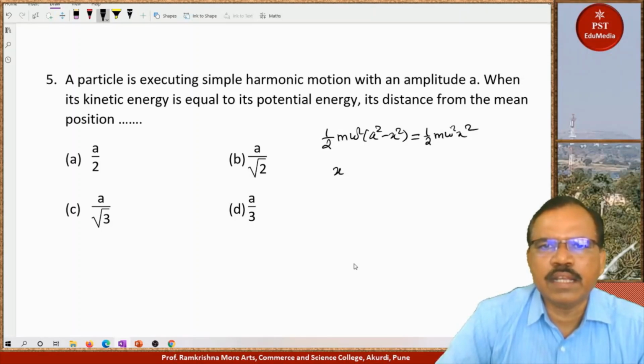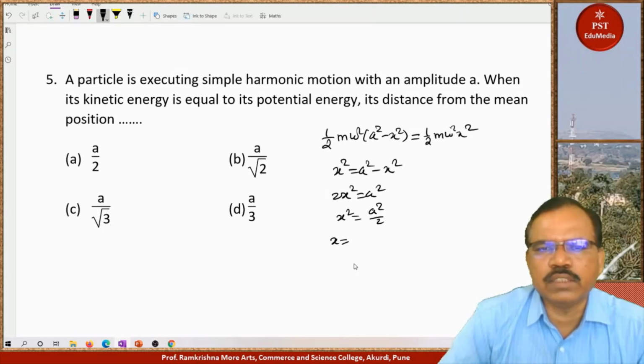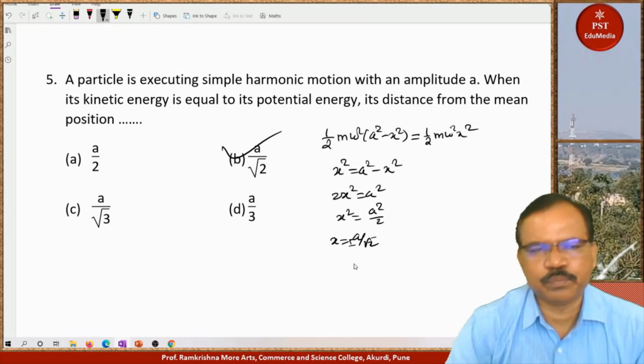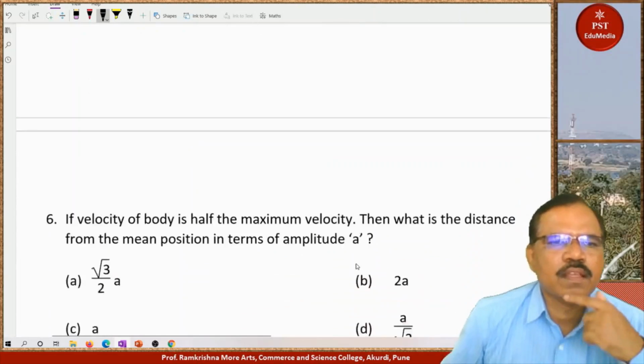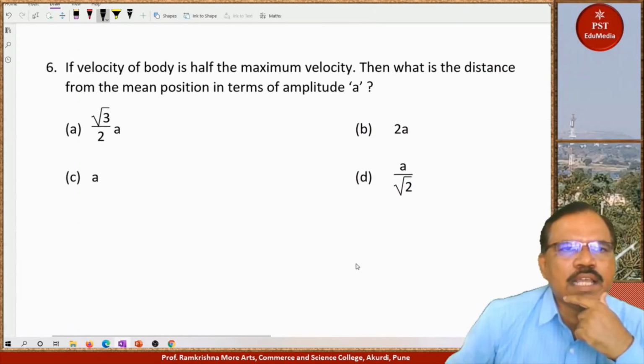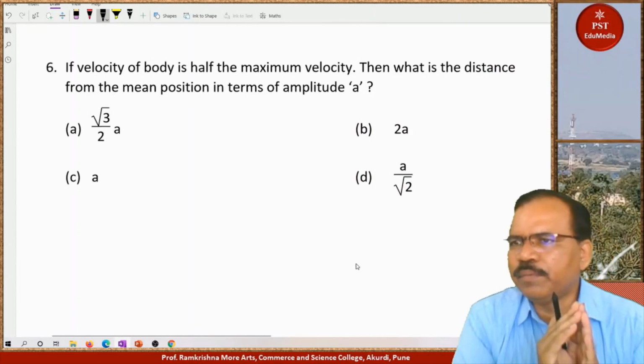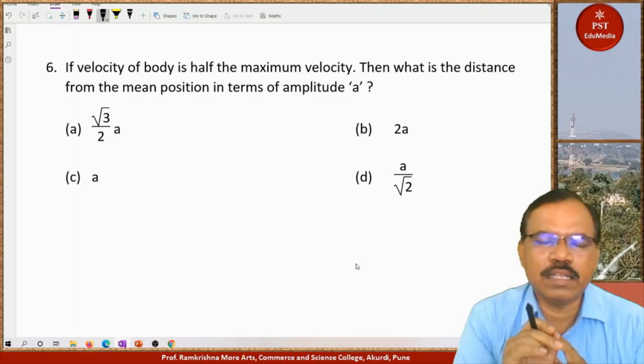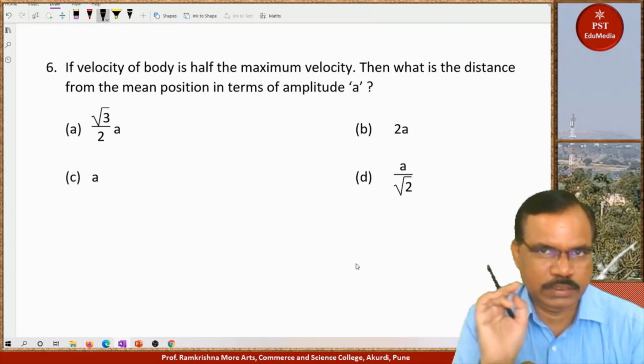So we get x square is equal to a square minus x square. So 2x square is equal to a square, so x square is equal to a square by 2. So x is equal to plus or minus a upon root 2. This is correct.